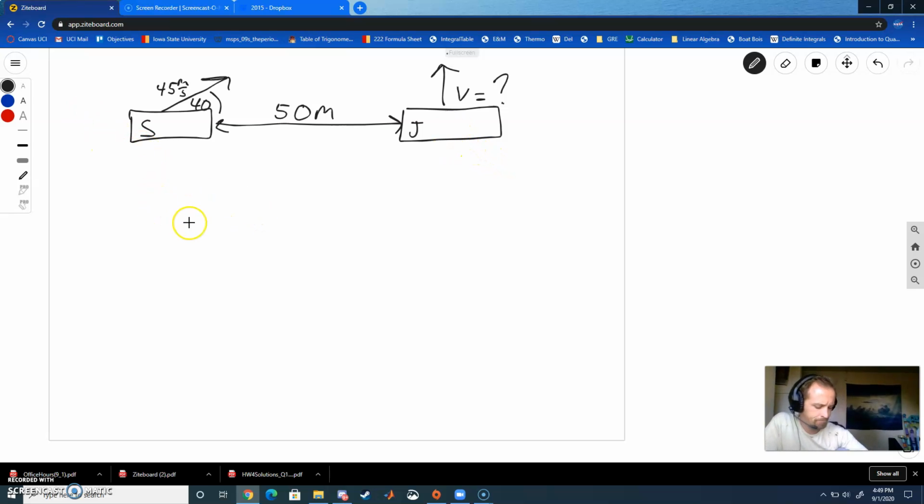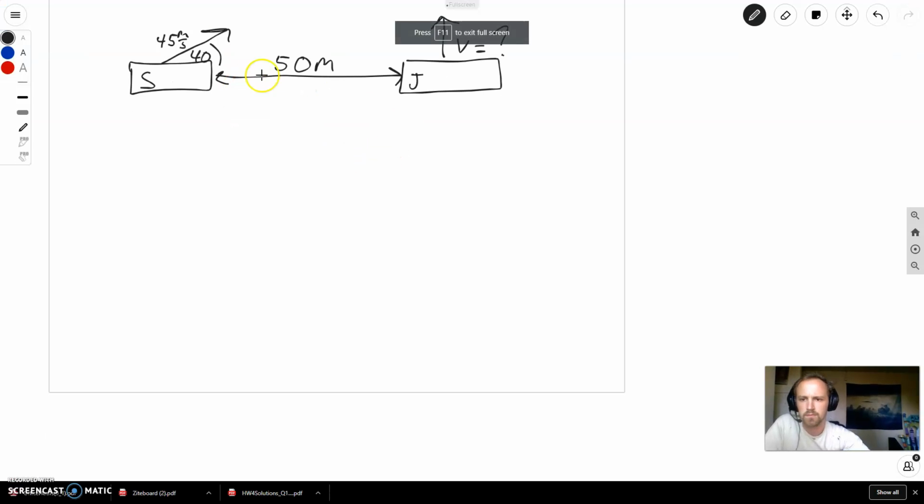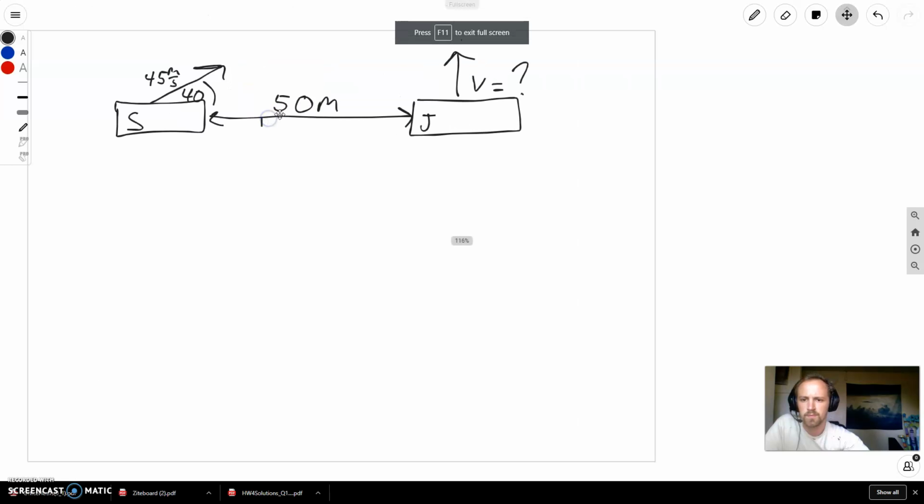So, the real crux of this problem is recognizing that these two are going to be shot out of their cannons and meet at some point.